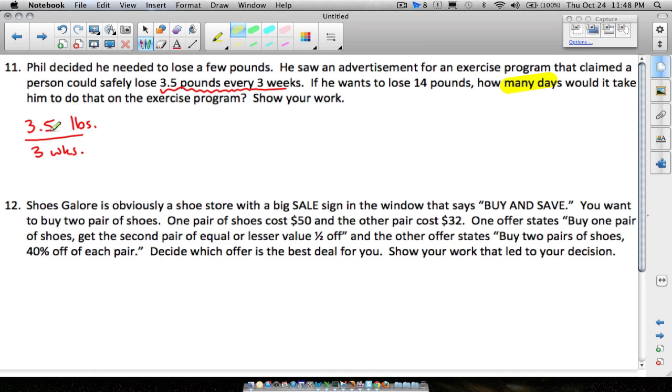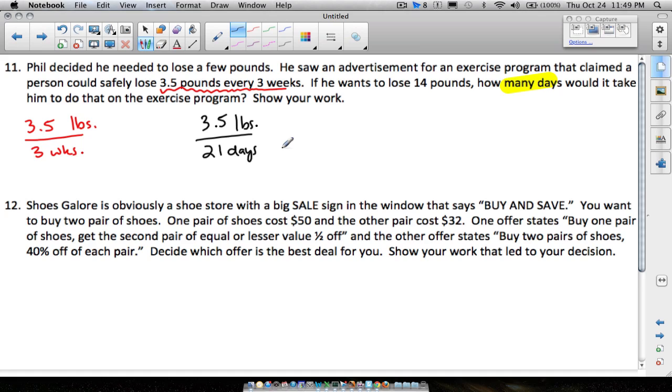All right. The rate that we have here is 3.5 pounds per 3 weeks. Let's be careful here. We want to figure out how many days. We don't want to figure out how many weeks. This is in weeks. Now I'm going to leave it up to you to realize this, but 3.5 pounds in 3 weeks is the same thing as losing 3.5 pounds in 21 days.